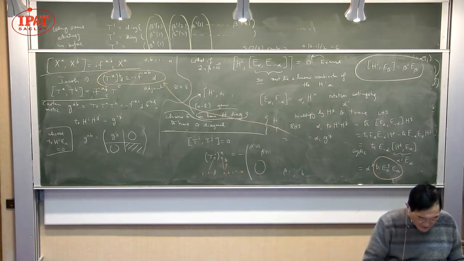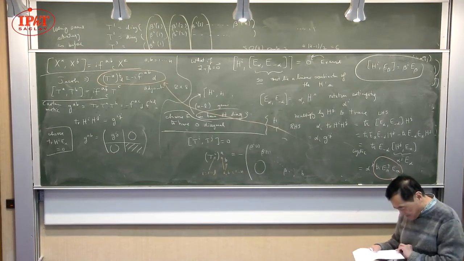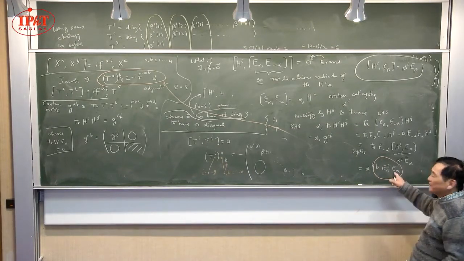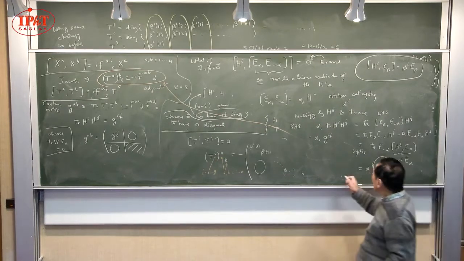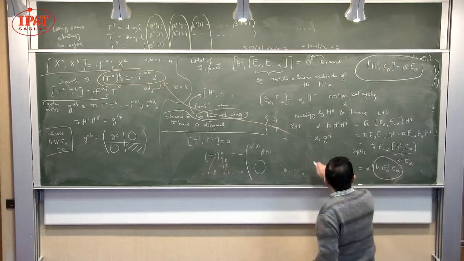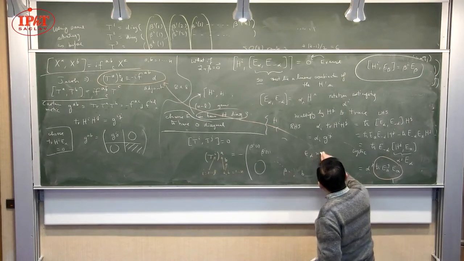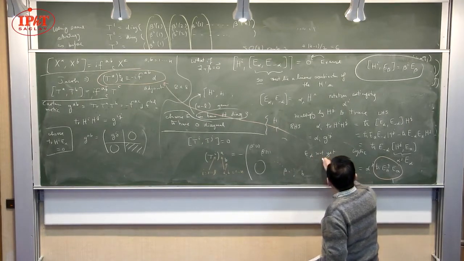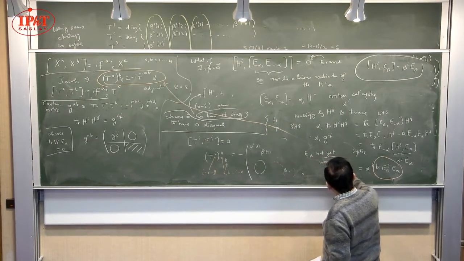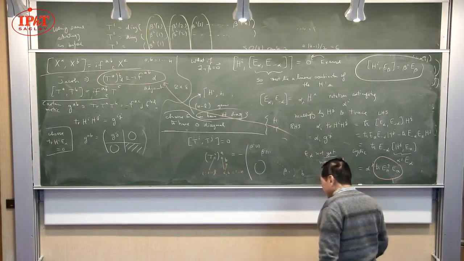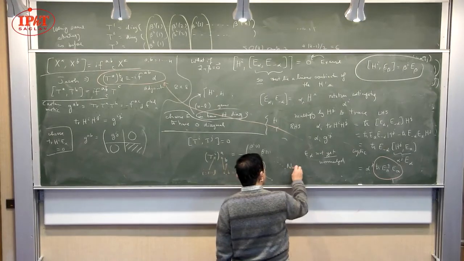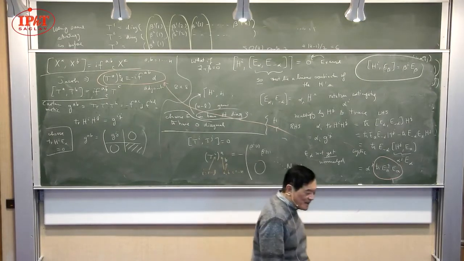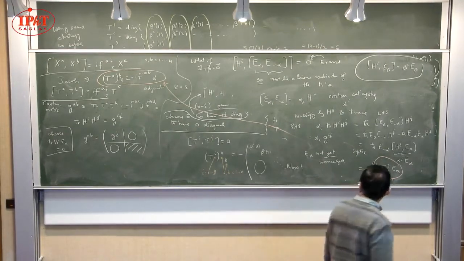Well, you know what that is because so far we have not normalized E_alpha, right? E_alpha is not yet normalized. And we're going to normalize him now. So let's grab the guy and normalize him at this point.